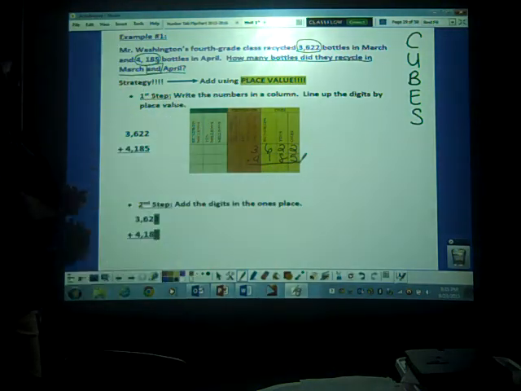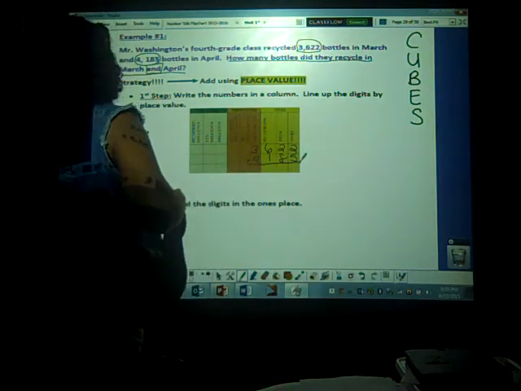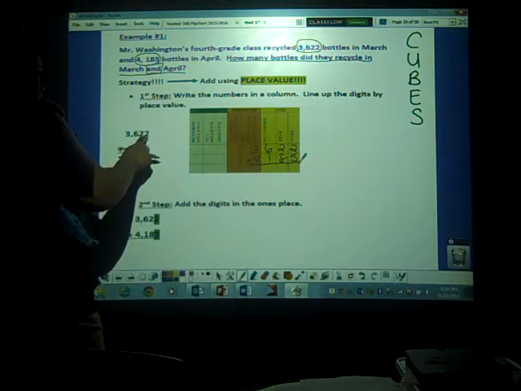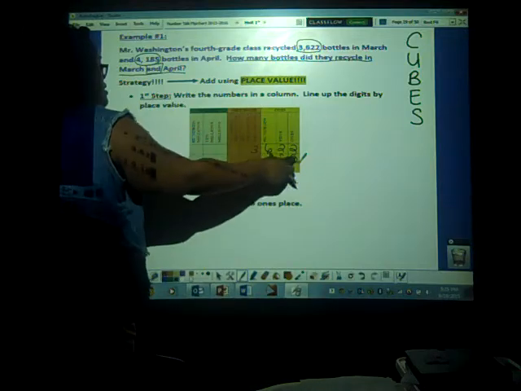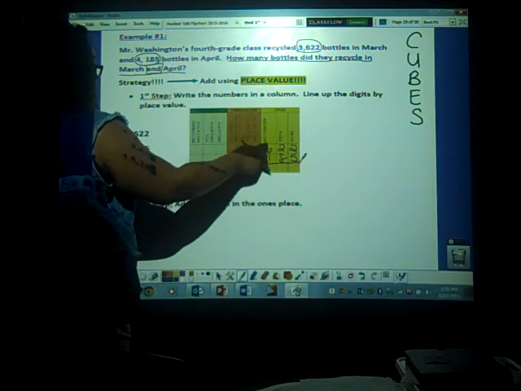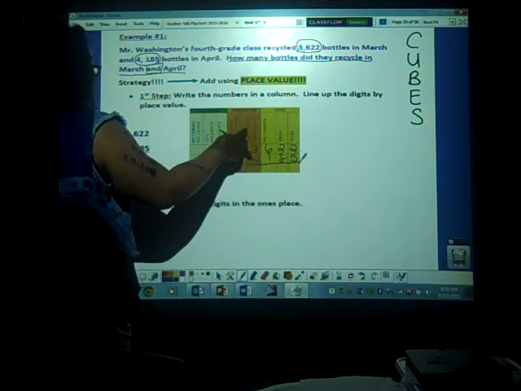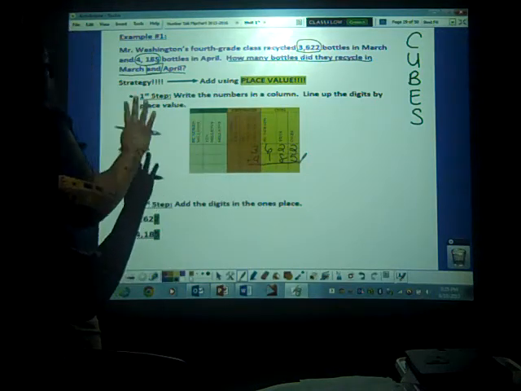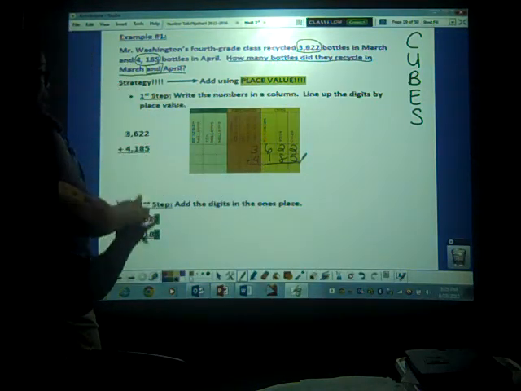I can still use the place value chart if I want to. So I have my ones place, my tens place, my hundreds place, my thousands place. So I only have 4 place values that I'm adding up.